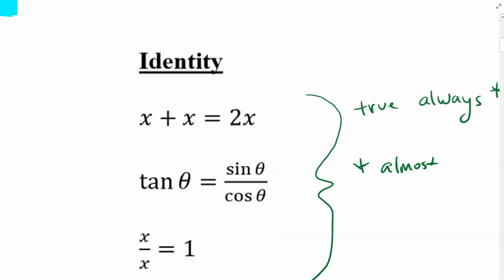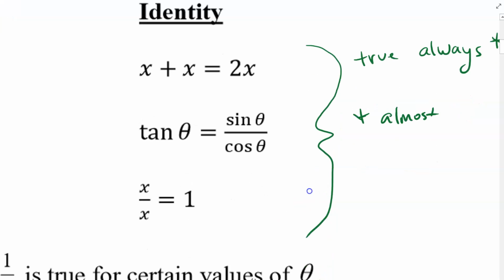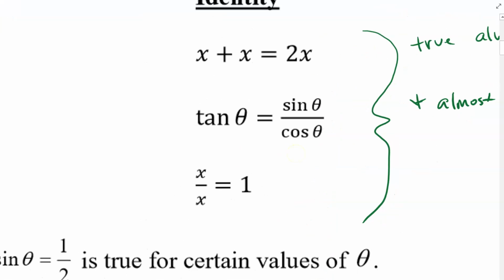So is x + x always equal to 2x? Sure, I think so. Is tan theta always equal to sine theta over cos theta? That's how we have defined what tan theta is. In fact, there are situations where that is not a true statement, and we're going to find that out. How about this one? x over x is equal to 1. Is that always true? If I put in 3 over 3, 3 divided by 3 is 1.